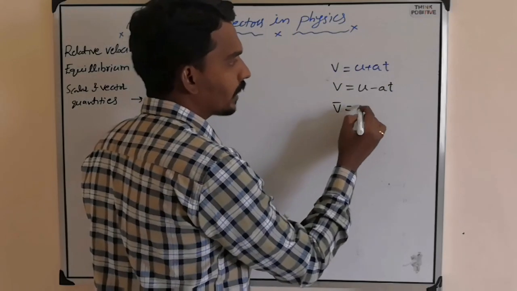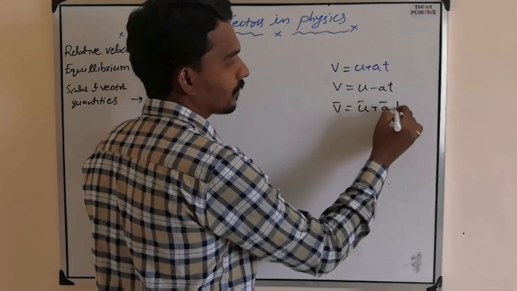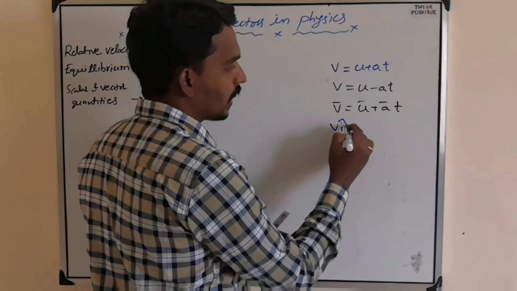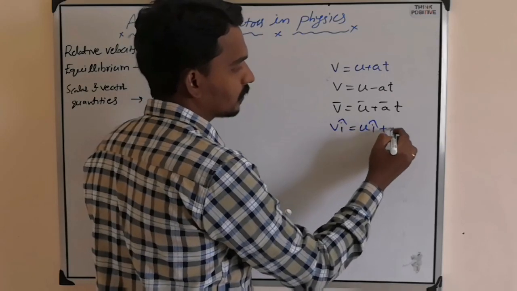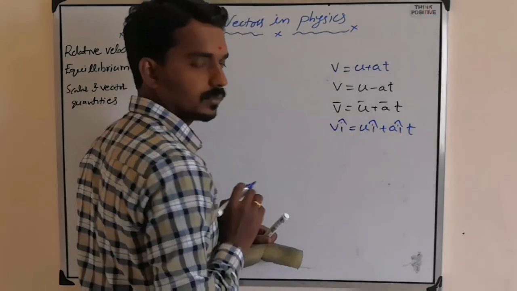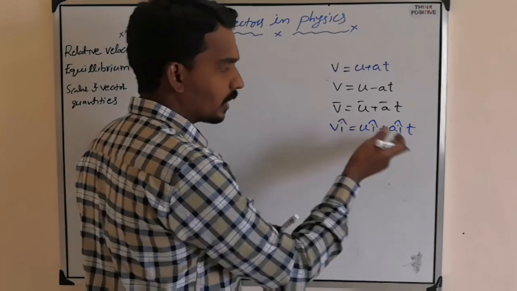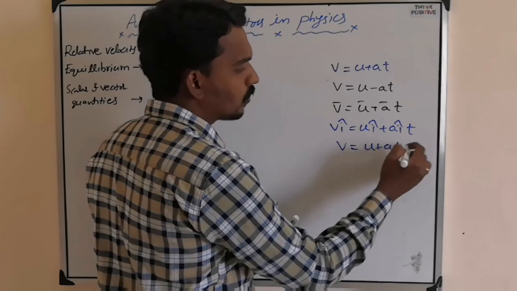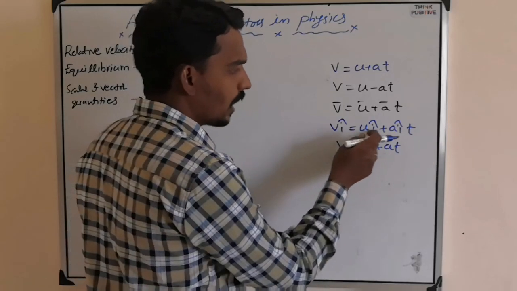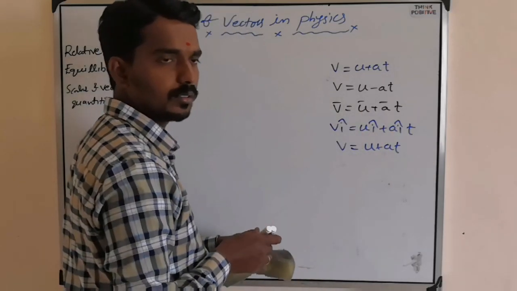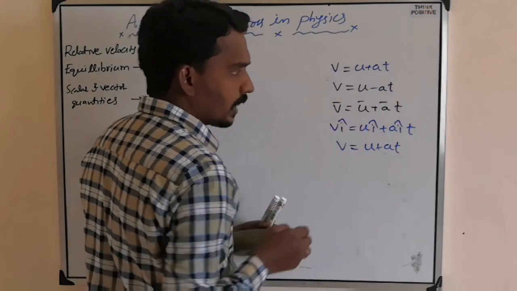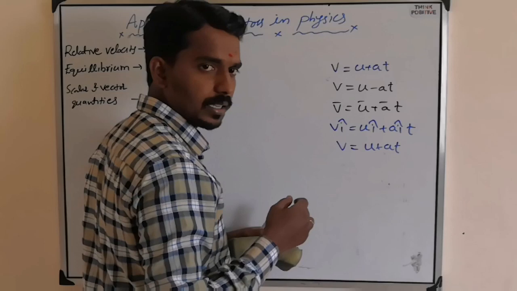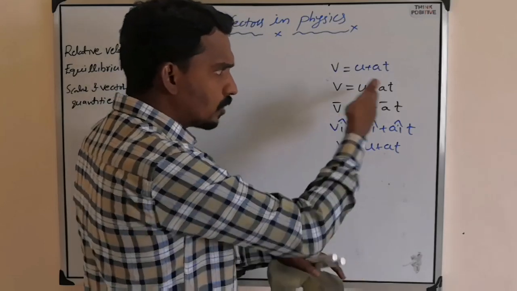So if you write in vector form, you may write i cap or j cap or k cap, so that you can write simply v equal to u plus at, because i you can remove. If you take this condition, v and u both are the same, initial and final velocity, but acceleration is opposite.